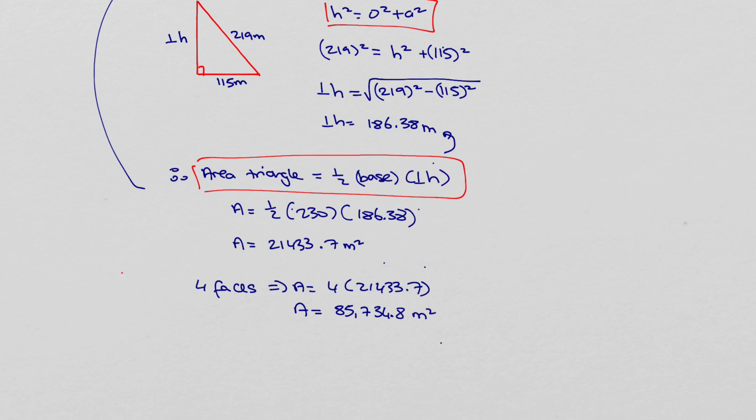But corrected to 2 significant figures, well, first 2 numbers is 85. The number that follows 5 is a 7, which means I must round the 5 up to the next number, which is 86. So 2 significant figures would be 86,000 metres squared.